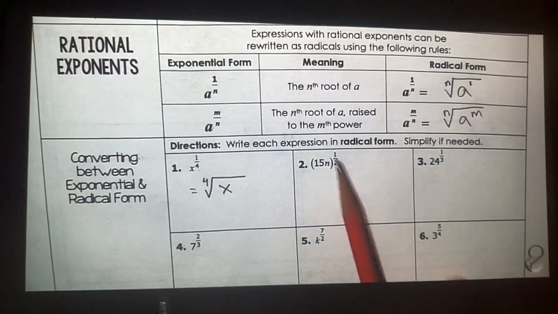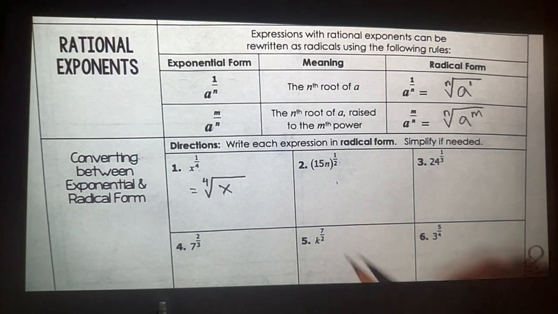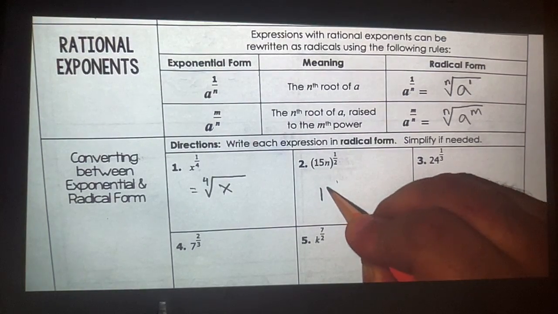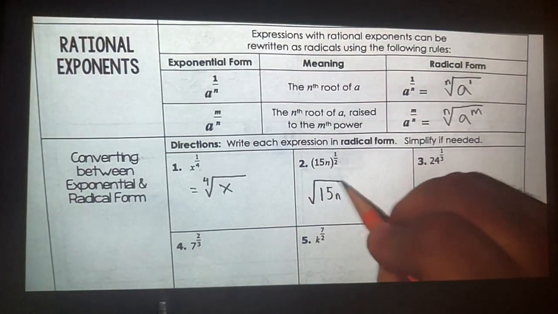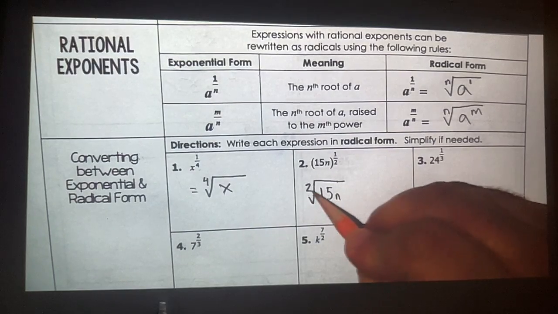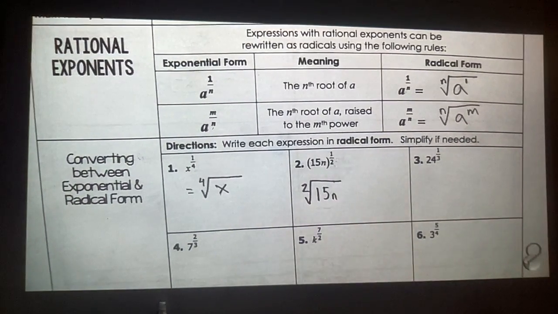Over here, let's check this one out. What am I really saying here? I'm saying that I have 15n, and I want the square root of 15n to the first power.